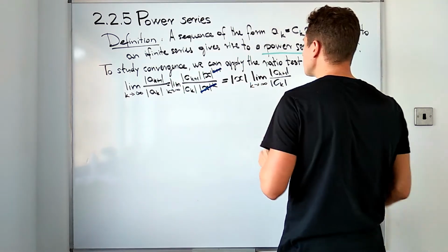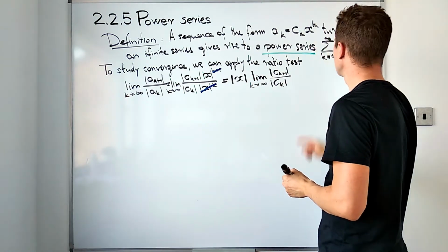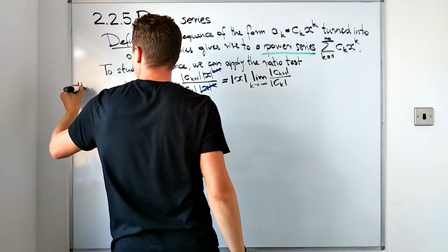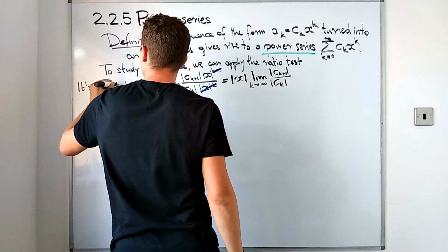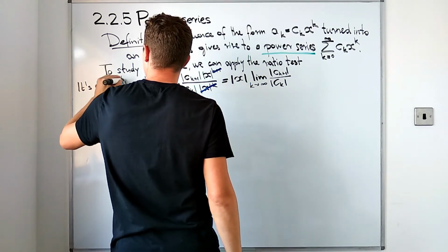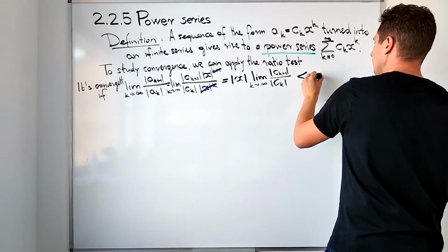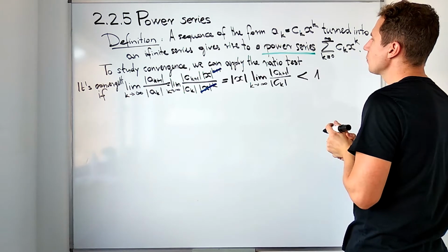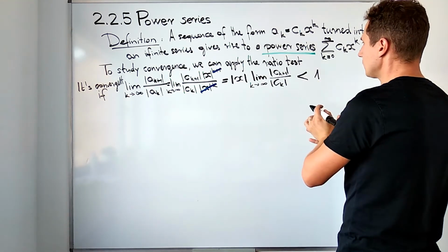And the ratio test was about this limit. Our series is convergent if this limit is strictly less than 1. That is what the ratio test claims. But what does this mean?